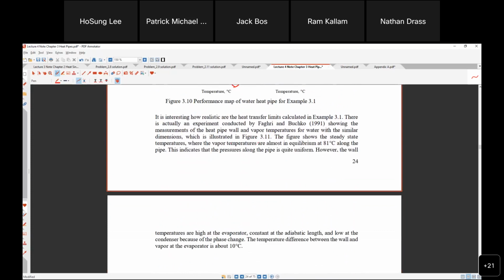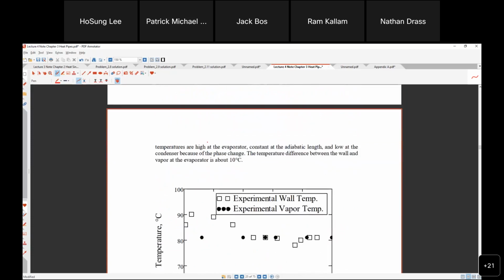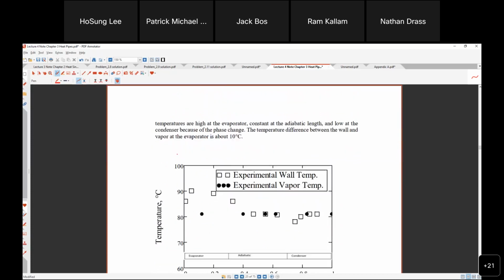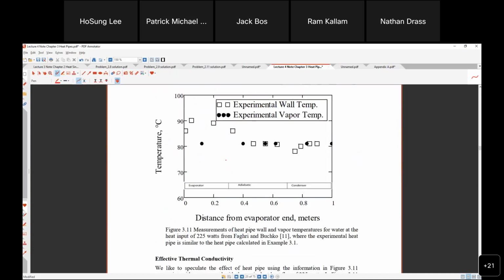But actually, I found an experiment from 1991. This is a professor at the University of Connecticut. They have a measurement with a very similar device. That's why I developed this example. This is the measurement at 80.